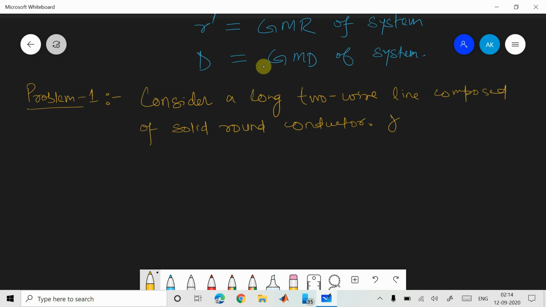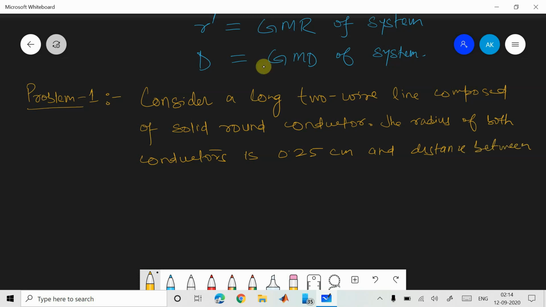The radius of both conductors is 0.25 centimeter, and the distance between their centers is 1 meter.